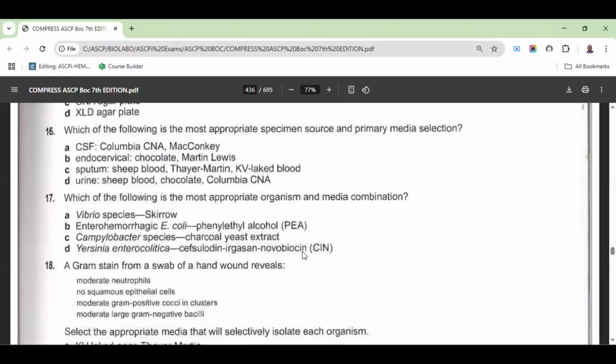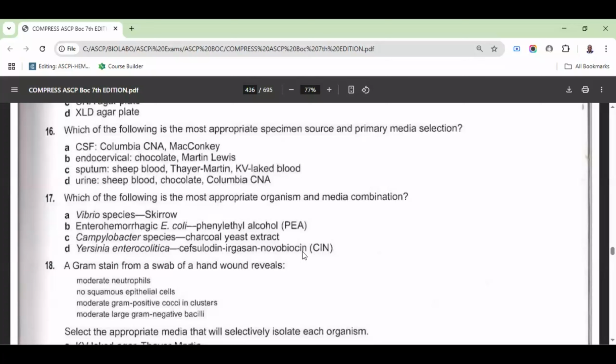So this is what we use for Yersinia enterocolitica. You will see it also in our notes, with the culture media we described. Though you may see more than this, this one is very specific for Yersinia enterocolitica.